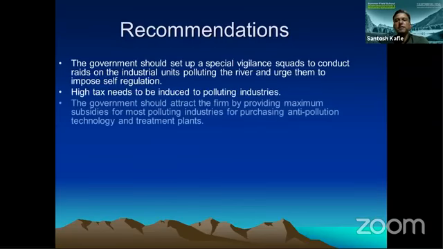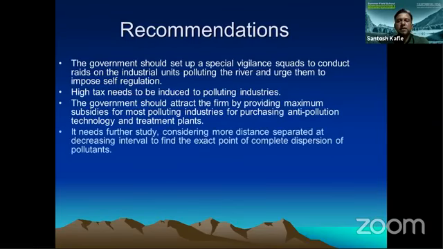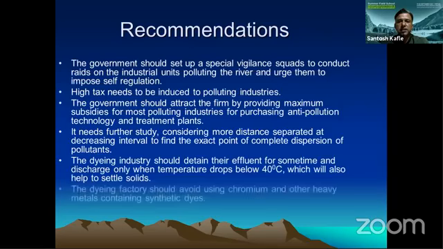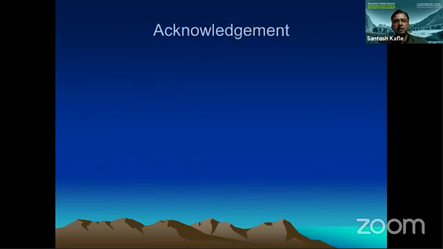And these are a few recommendations to the government for keeping vigilance on the polluting industries, taxes and subsidies to be provided, including the recommendation for further study and the discharge of the water temperature as well.